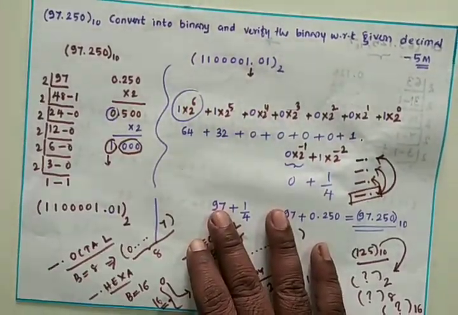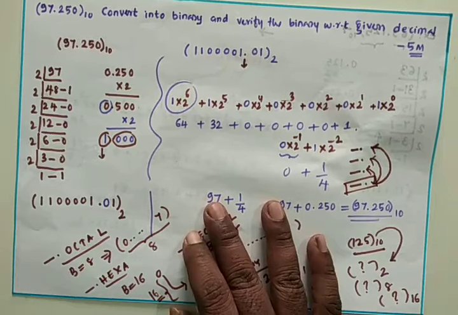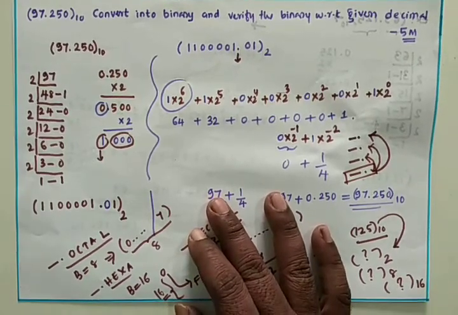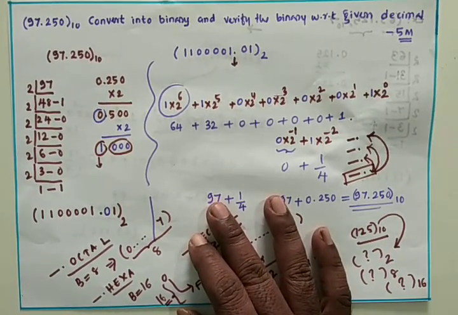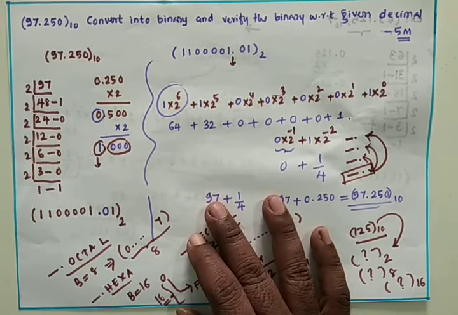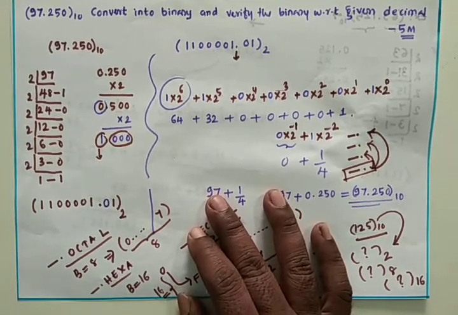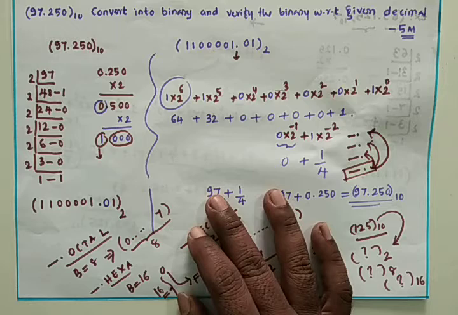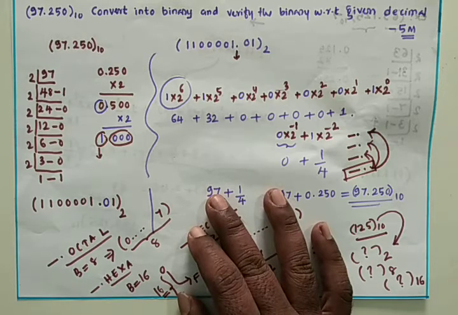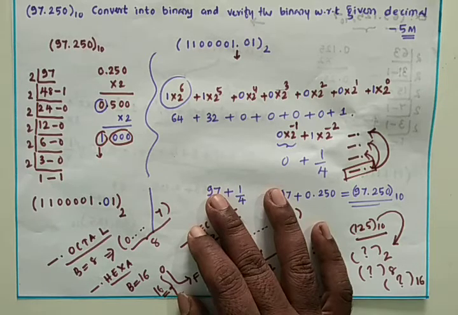That next topic is the complements of the binary number system. Complement is nothing but, if we have one particular binary number, say triple 1, the complement of triple 1 will be triple 0. That is the ones complement, and the twos complement is adding 1 to the ones complement.